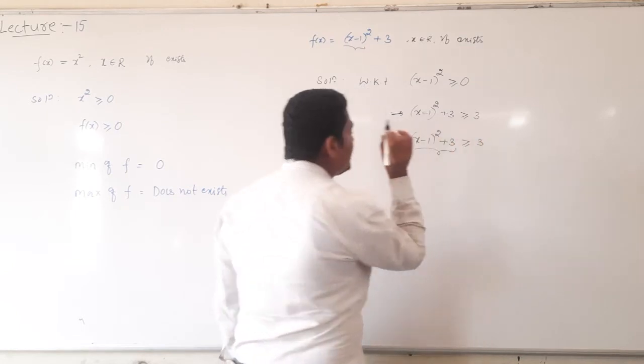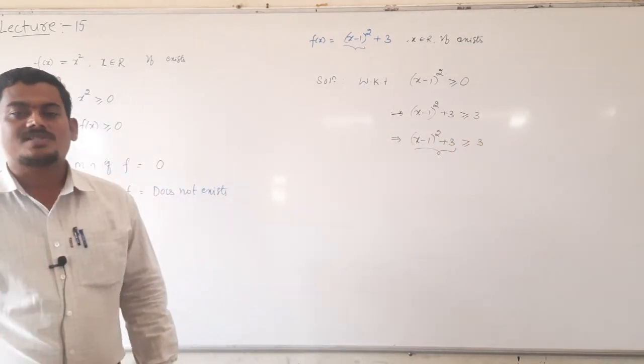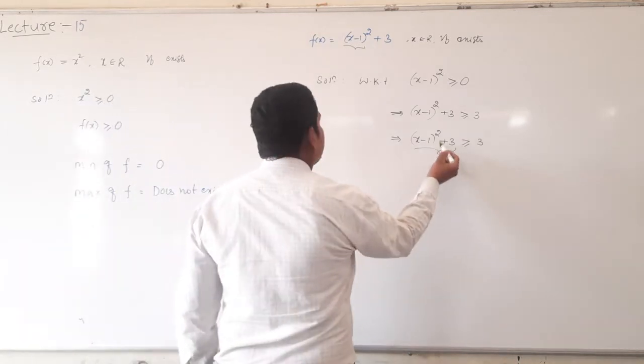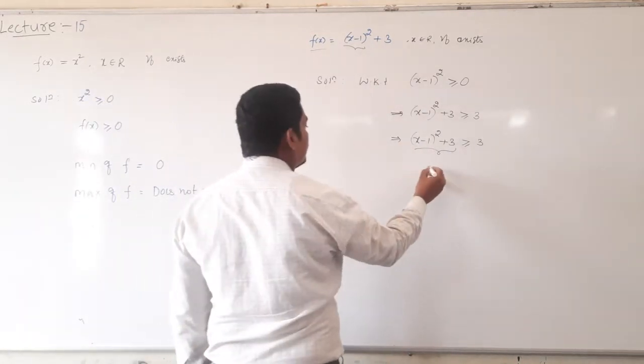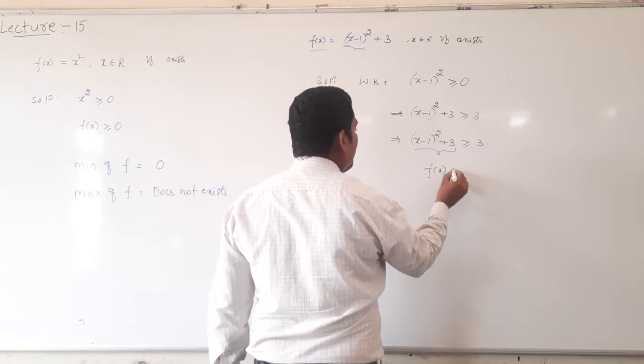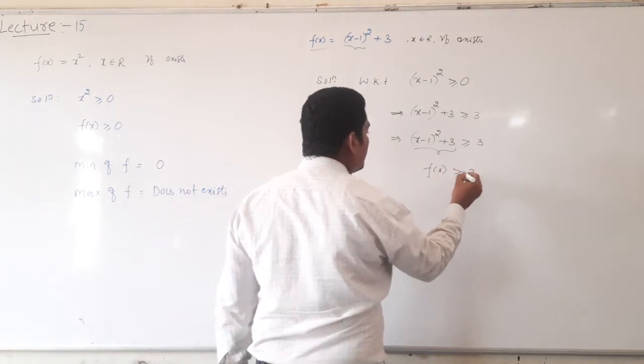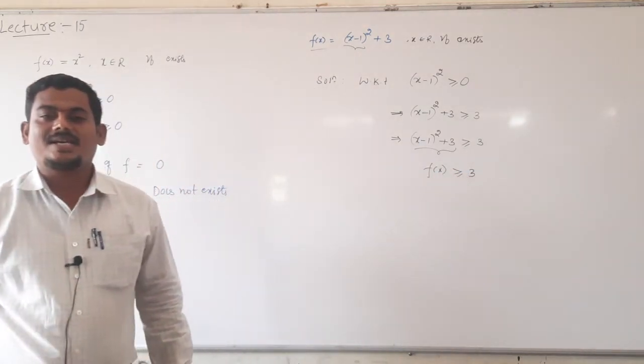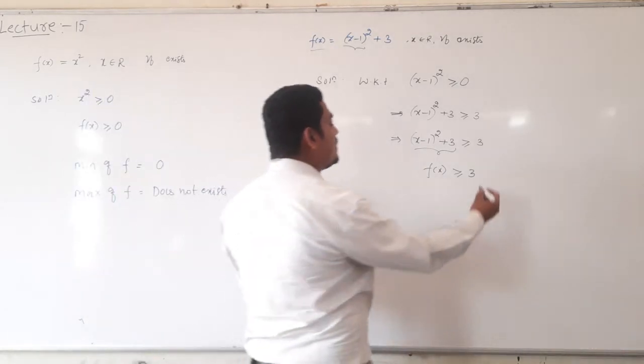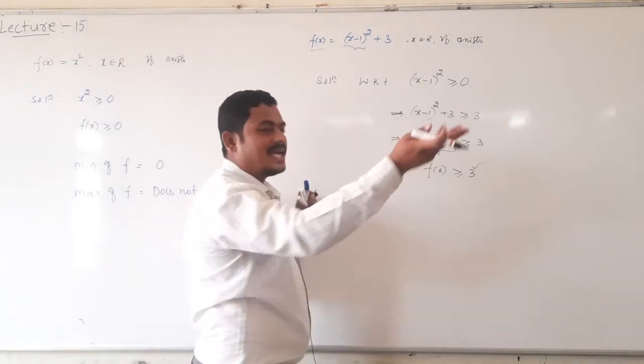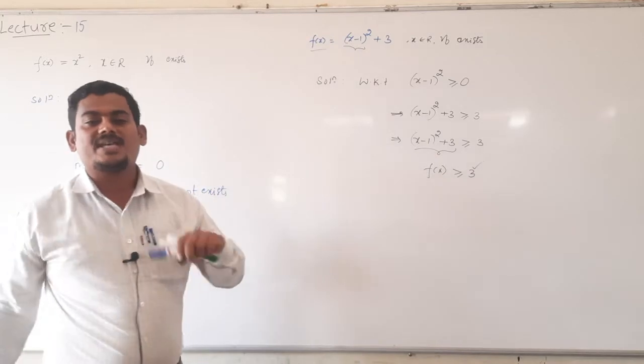From the given condition, what is x minus 1 whole square plus 3? This is nothing but our f of x only, meaning f of x is greater than or equal to 3. f of x greater than or equal to 3 means the least value is 3. There is no maximum value, because there is no fixed maximum.